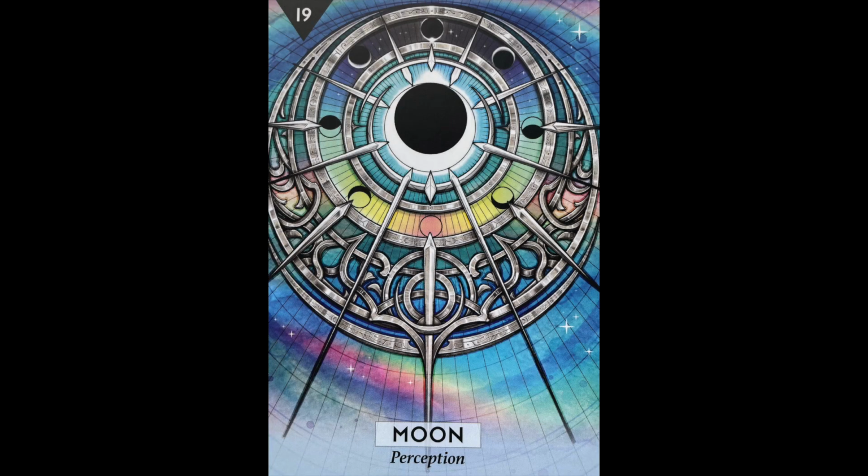So the lens that we're looking at the situation through is being sensitive to others, especially in our emotional interactions. The moon also is very heavily tied to water and emotions and intuition, right?